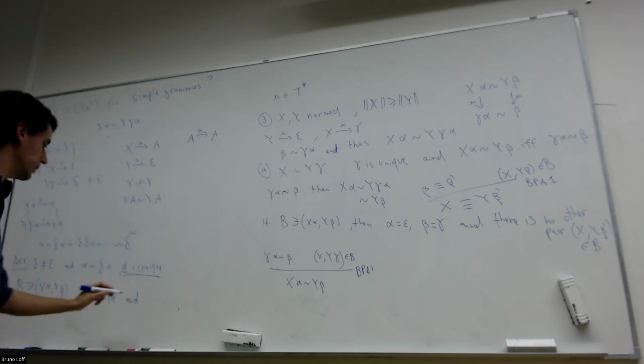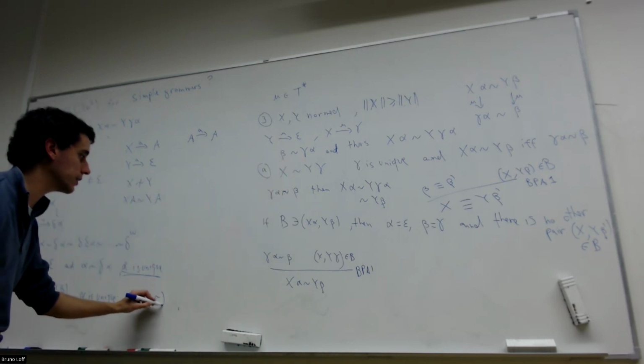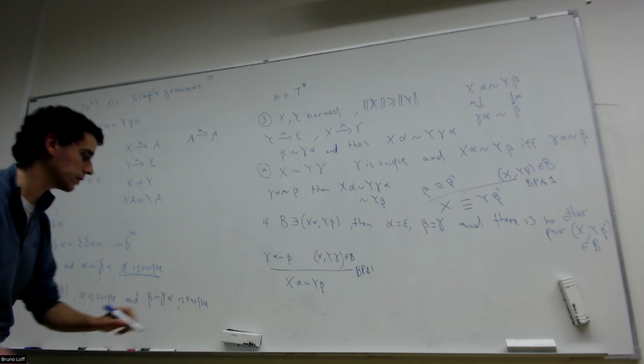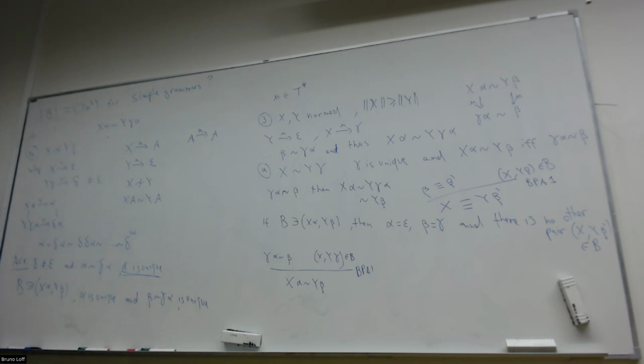And beta, which is gamma alpha, is also unique. So if I have a pair x alpha y beta in my basis, then there's only one alpha up to bisimilarity and only one beta up to bisimilarity. So I only need one pair.